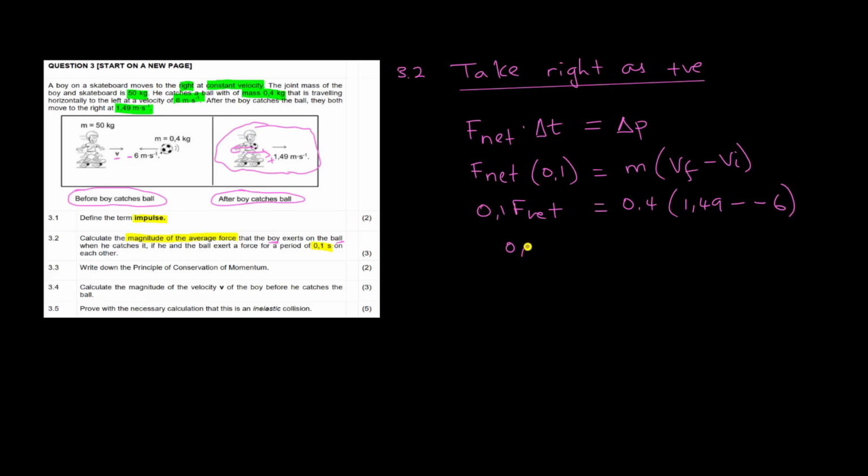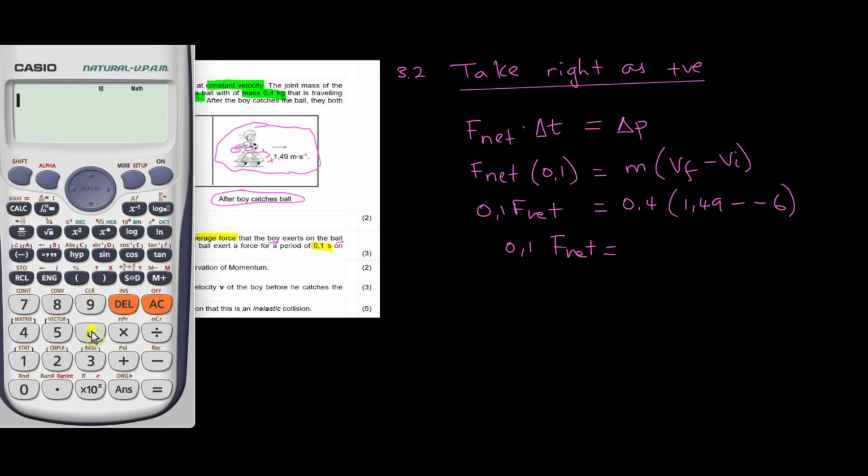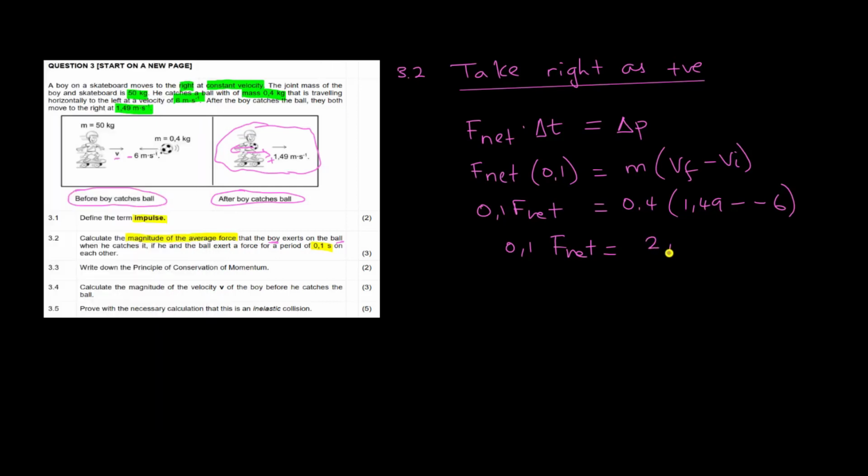So we have 0.1 F net is equal to, let's do the calculation there: 0.4 multiplied by 1.49 minus 6. We get 2.996. Then divide both sides by 0.1 to get F net.